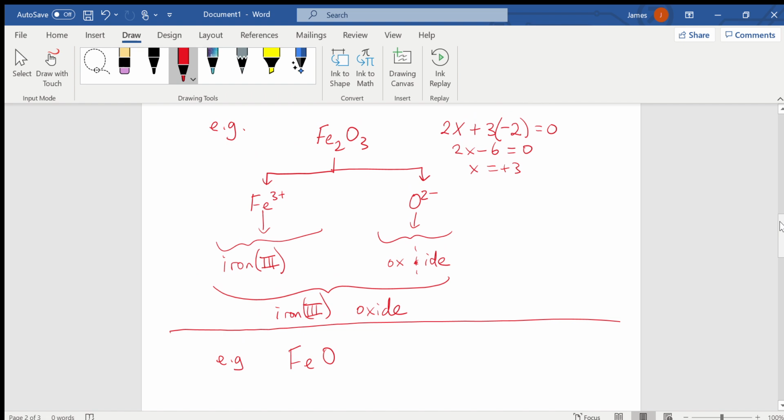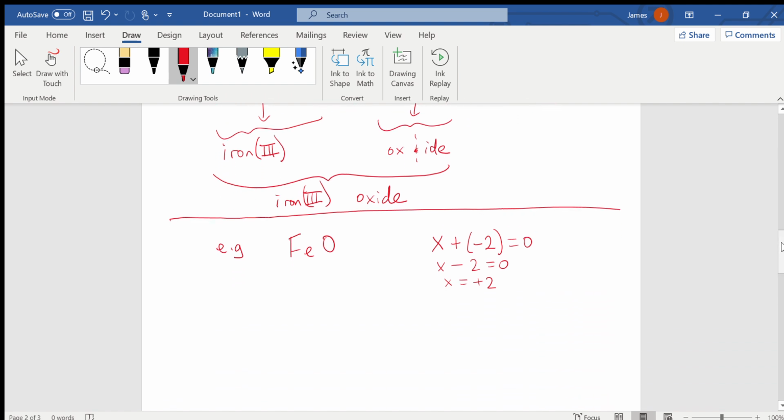So here, I don't know what the charge on iron is, it can be variable. Let's call it X. But X plus a single -2 charge on oxygen equals 0, the charge on the ionic compound. So here, X minus 2 is 0. Take the -2 to the other side, X is +2. So I can immediately tell what this is going to be, but let's not spoil our fun. Let's go through the motions.